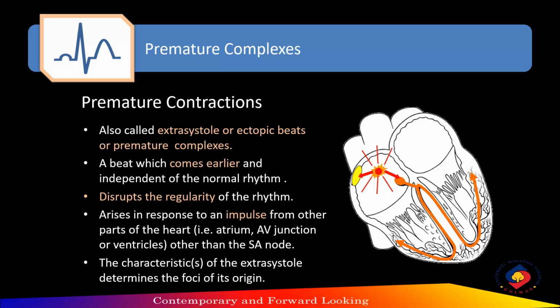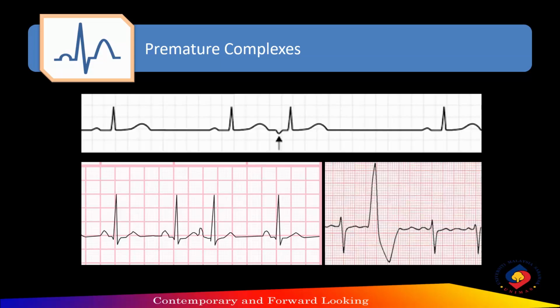Much like how a premature infant comes before its estimated time, premature beats come earlier and before the next expected sinus beat in a normal rhythm. Premature contractions, or ectopics, are classified based on where they originate from. For example, premature atrial contractions, or PACs, are ectopics which originate from the atriums.